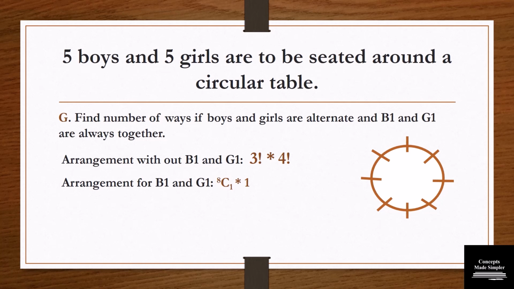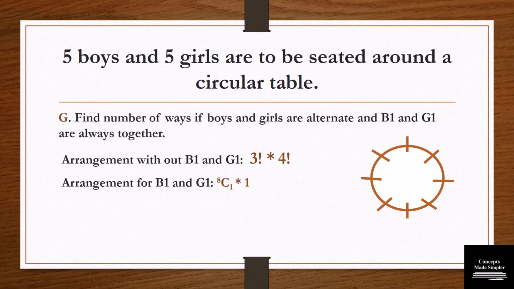Now there's a very important catch. Since B1 and G1 have to be alternate, we know already a boy would be sitting at one side and a girl would be sitting at one side. So if we need to maintain that alternate position, we can't make B1 and G1 switch amongst each other. I hope you are trying to understand. Already others are sitting. We have already selected one gap in which we will be placing B1 and G1.